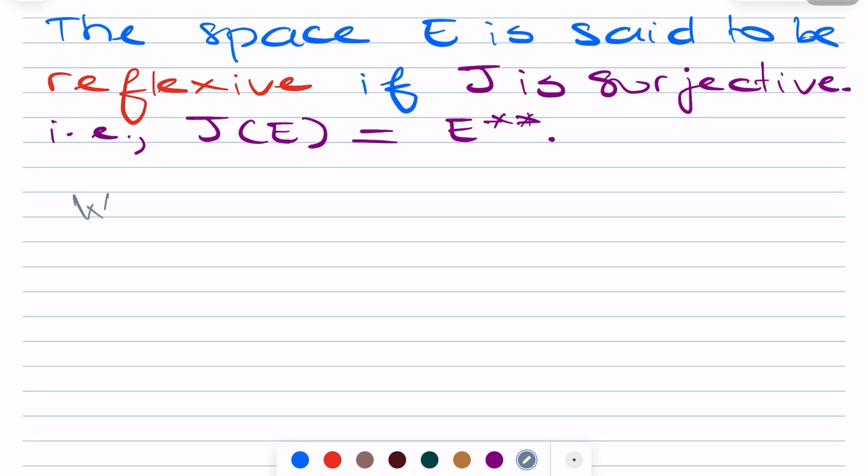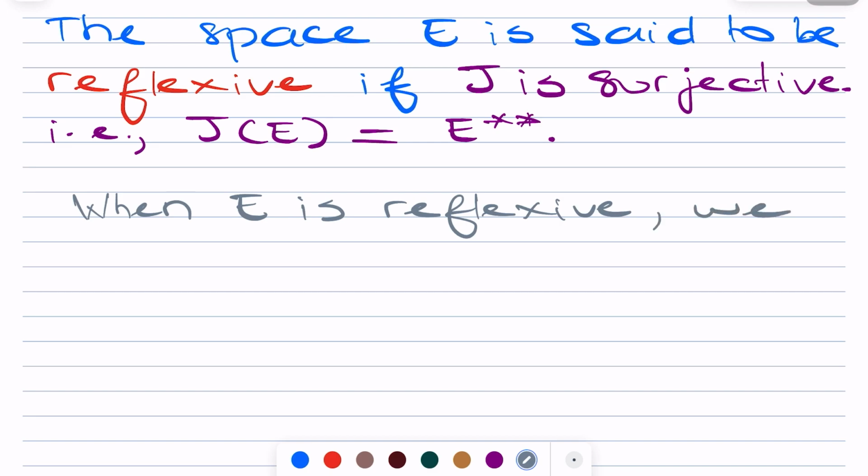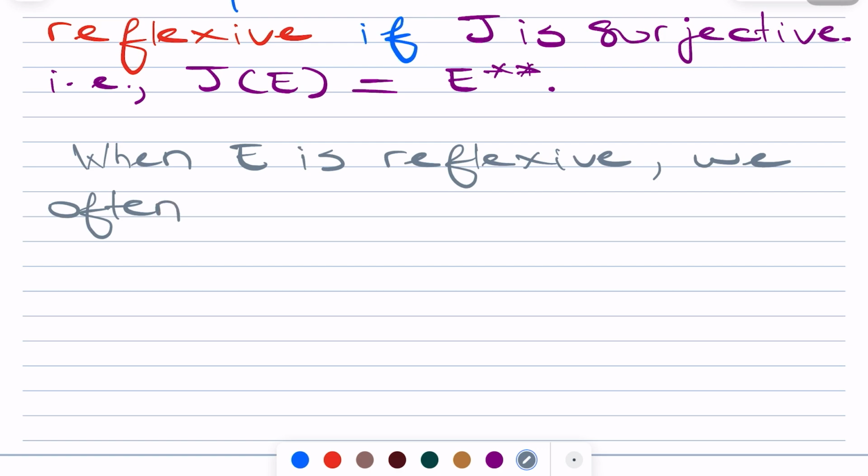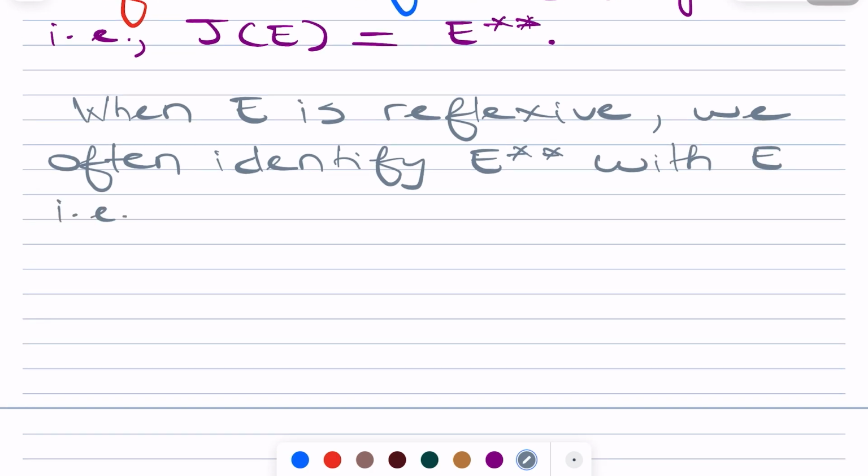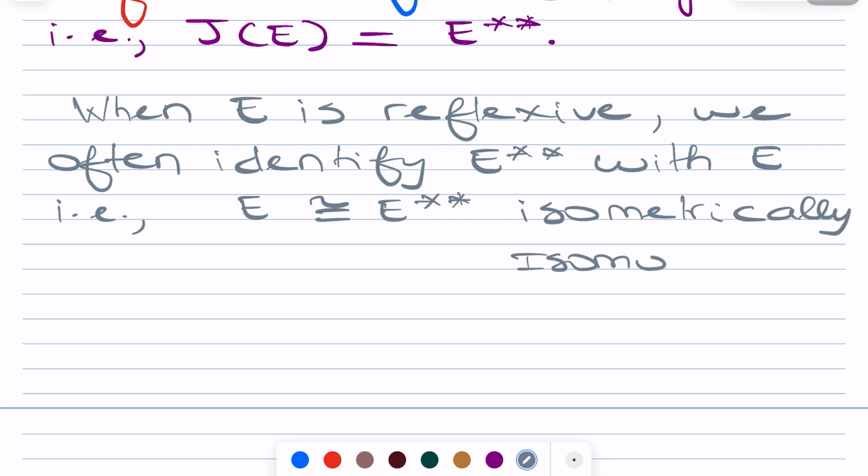Okay, so when E is reflexive, we often identify the bidual with E. So this means you often write that E is isometrically isomorphic to E star star.